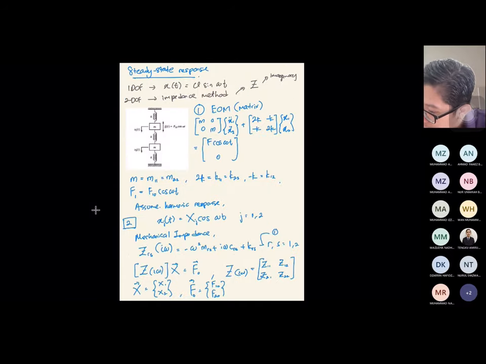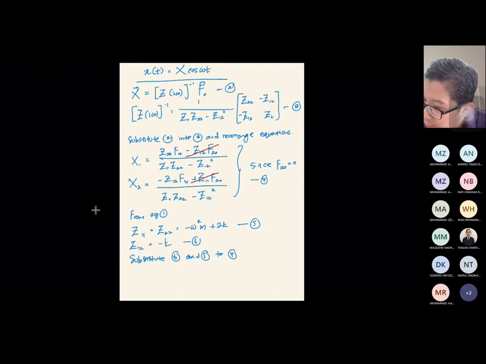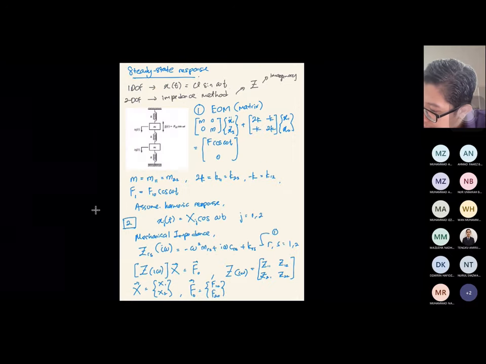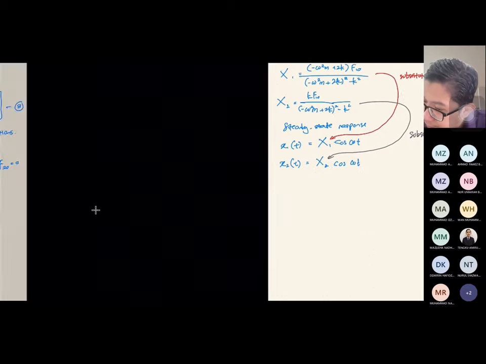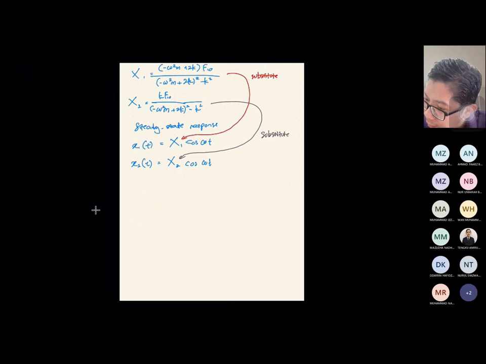So once you define that, substitute into all the equations, and then you get the steady state response.